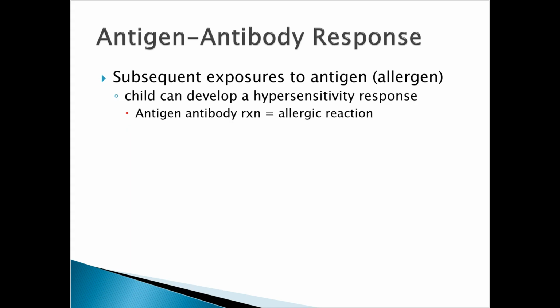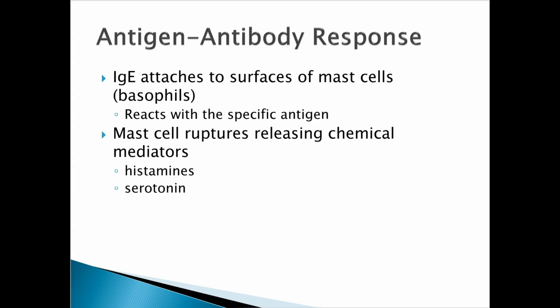With subsequent exposures, you can have a hypersensitivity response, and then you're going to have an allergic reaction. IgE attaches to the surface of the mast cells or the basophils, which reacts with the specific antigen. Then the mast cell ruptures, releasing chemical mediators, which cause histamines and serotonin.